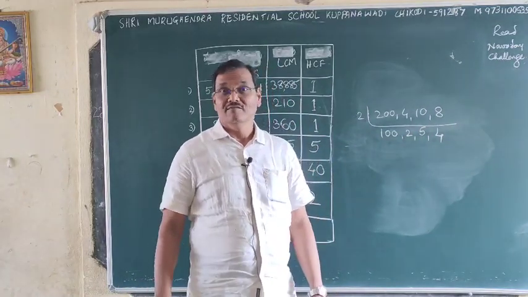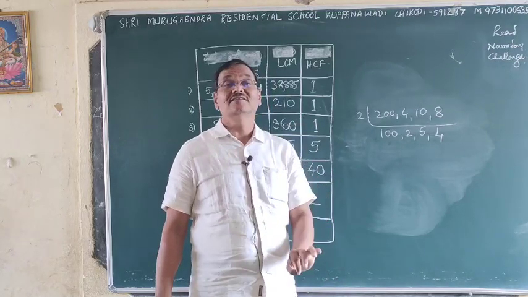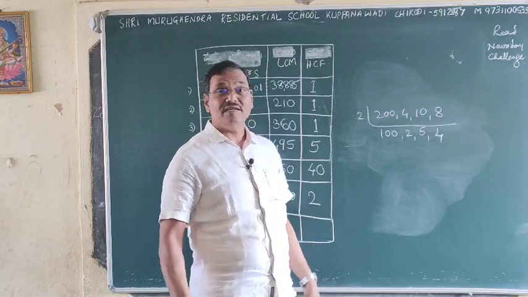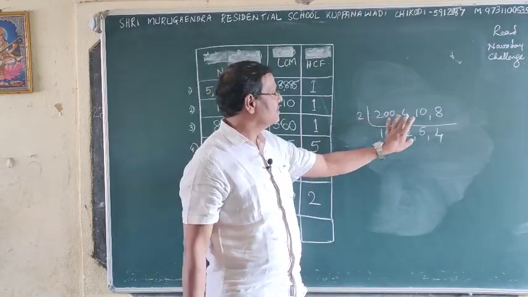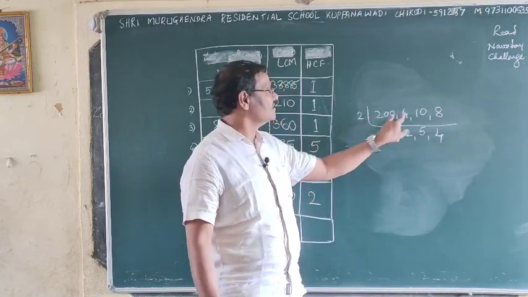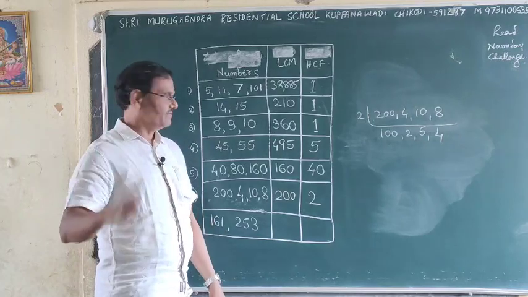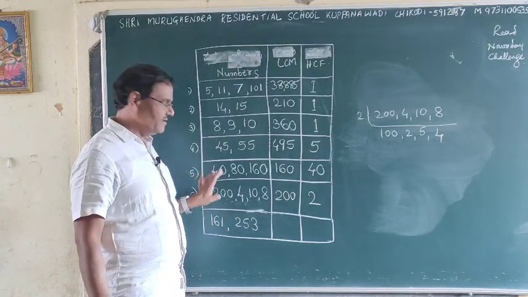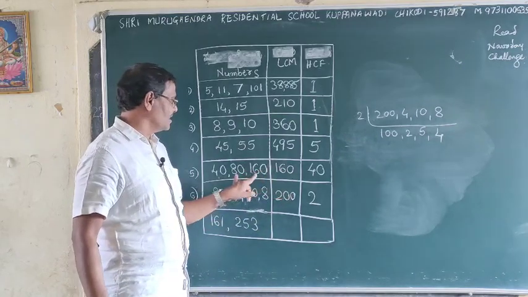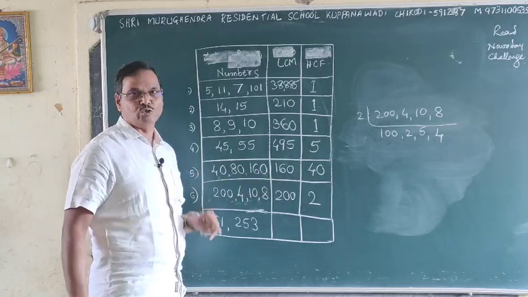But what is HCF? HCF is the highest number, the largest number, the greatest number which divides given numbers. 2 is the largest number, divides 200, 4, 10 and 8. So 2 is the HCF. Whereas here these two, 160 is multiple of these two and 40 is factor of these two.